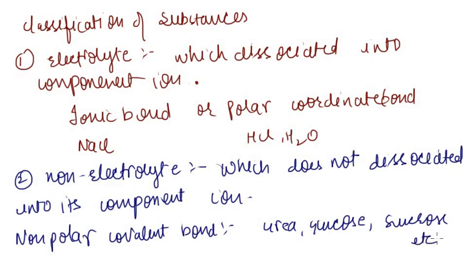So they are non-polar in nature. Whenever they dissolve in water, the positive and negative poles of the water do not separate them into constituent ions. So this is electrolyte and another is non-electrolyte. You will keep on using the words electrolyte and non-electrolyte in further terms, right?